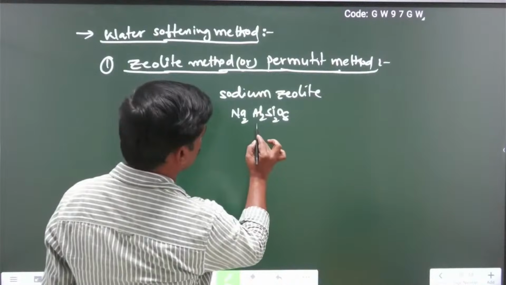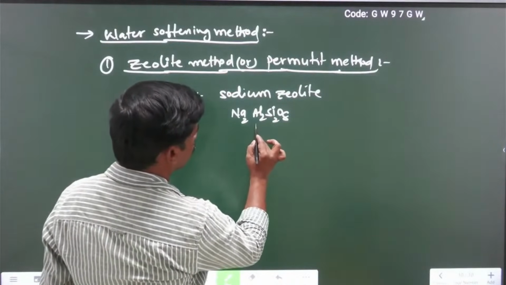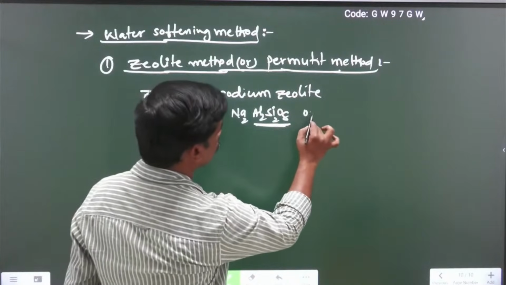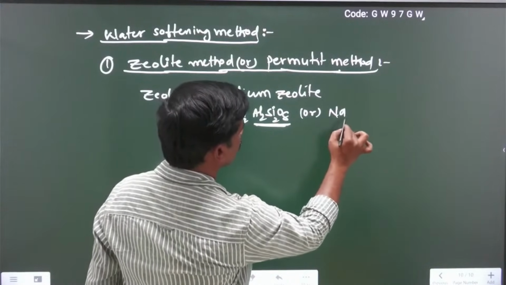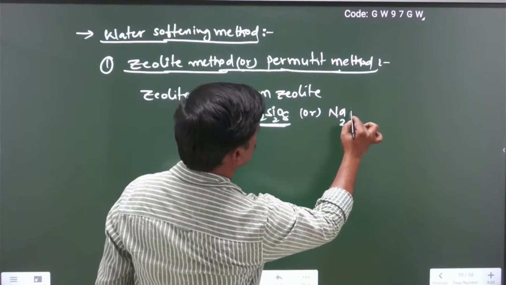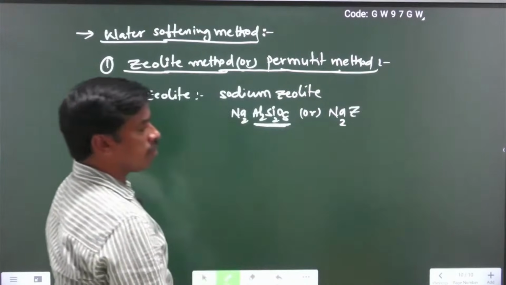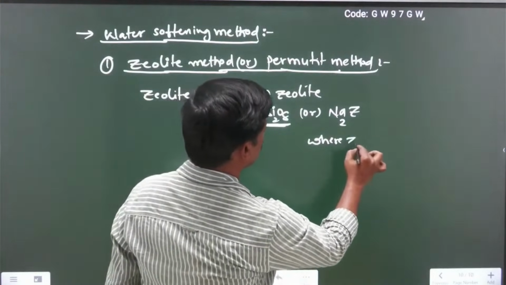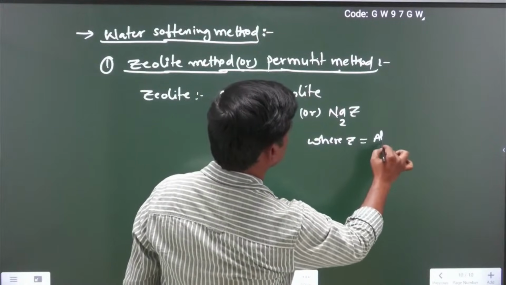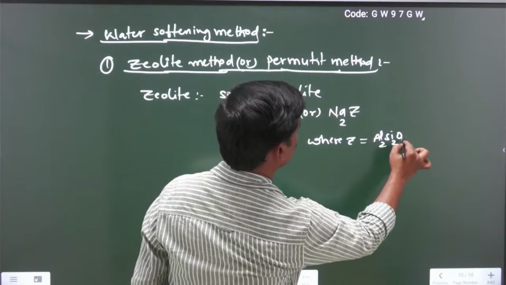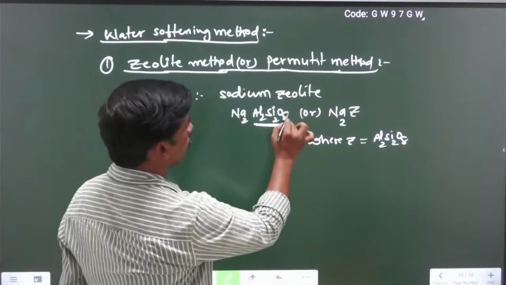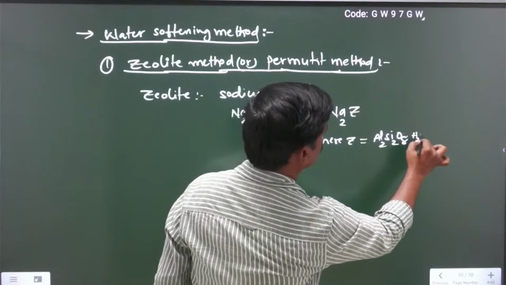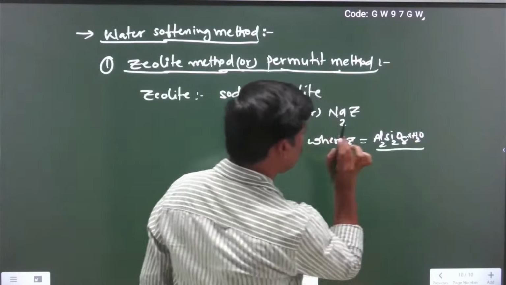We write Na2 as it is, and the zeolite part we write as Z, where Z is equal to Al2Si2O8 and also XH2O.